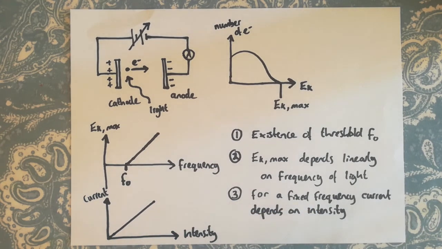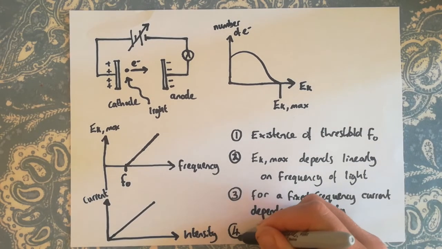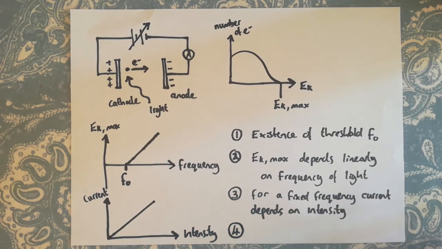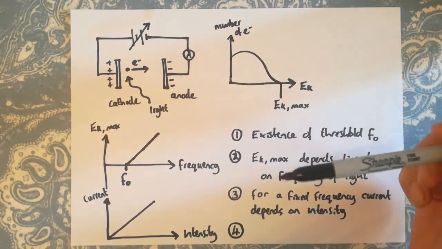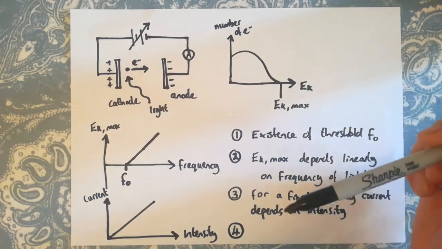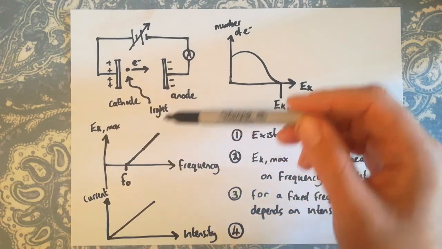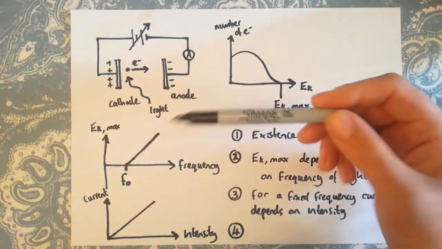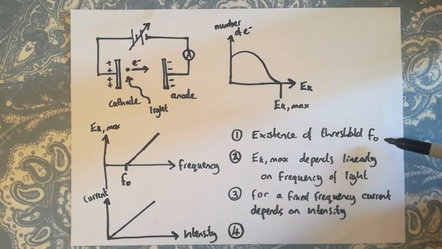The final observation, final result of the photoelectric effect is that when you turn the light on, we get an immediate current reading. And that's true regardless of the intensity of the light you're using, providing we're above the threshold frequency.